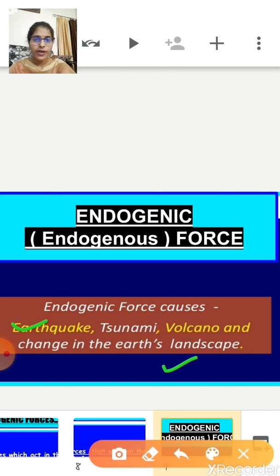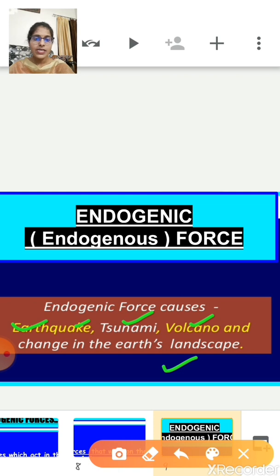Slow movement of the tectonic plates or lithospheric plates results in the formation of mountains, but sudden movement causes earthquakes, tsunamis and volcanoes. If they occur, they definitely cause large scale destruction of life forms and properties.